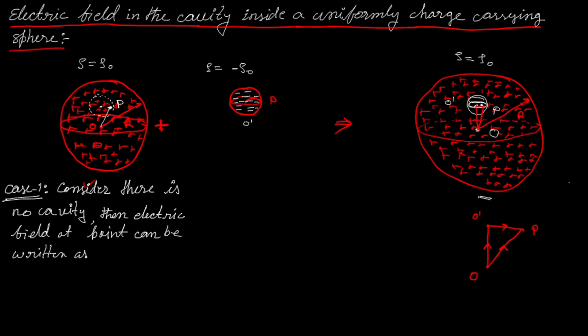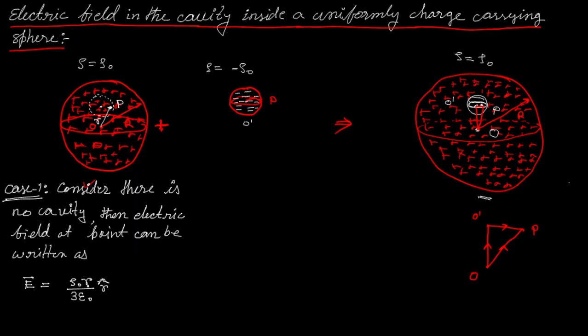we can write the electric field at point P, since this point is inside a uniformly charged sphere, and if the distance of point P from the point O is r, then the electric field is rho naught r divided by 3 epsilon naught into r cap.